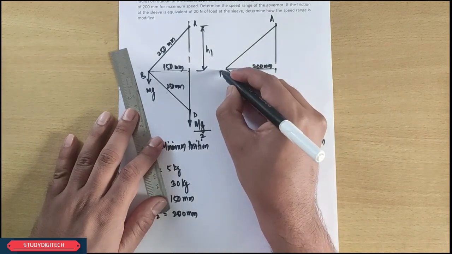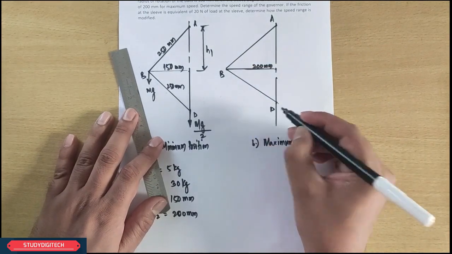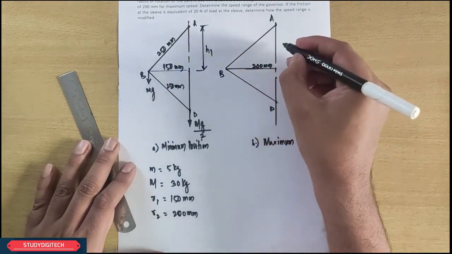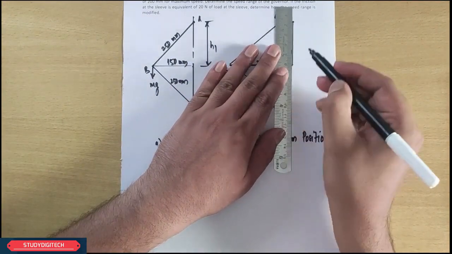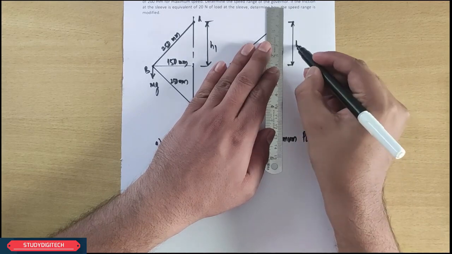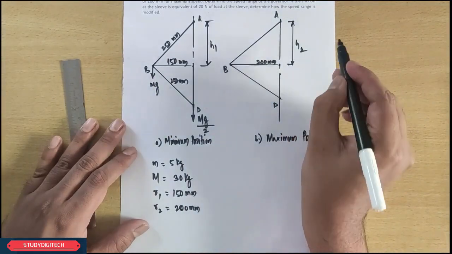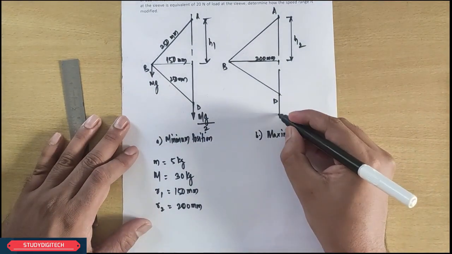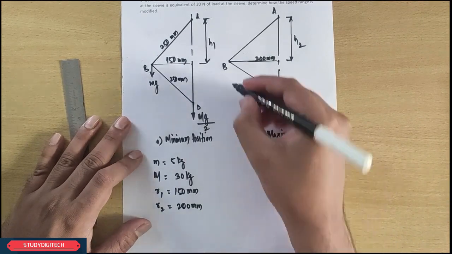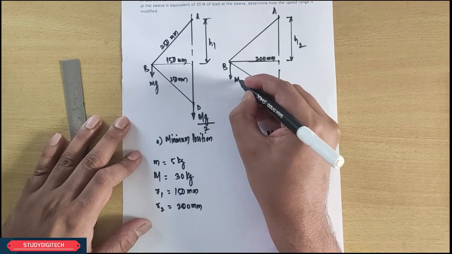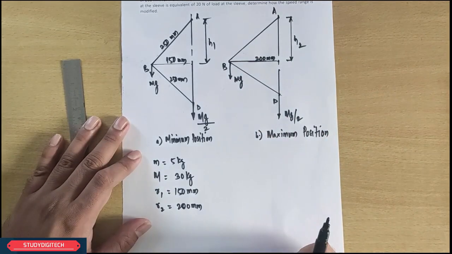A, B, this point will be D. Similarly here, h2 will be the height of the governor for maximum position. Similarly here, Mg by 2, weight of central load, will act in downward side. mg, weight of rotating balls, will act in downward side.